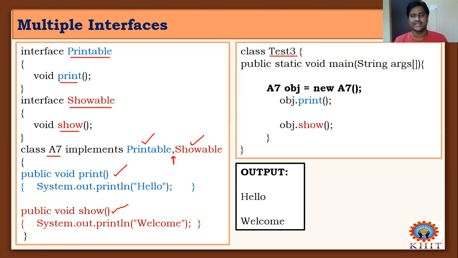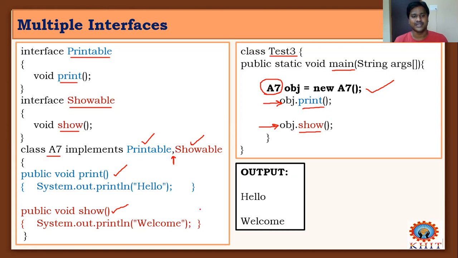Coming to the main class Test3. Inside the main function, we instantiated the A7 class, that means we created one object of the A7 class. Using it, we access the print method and show method defined in its class scope. So both are valid statements.